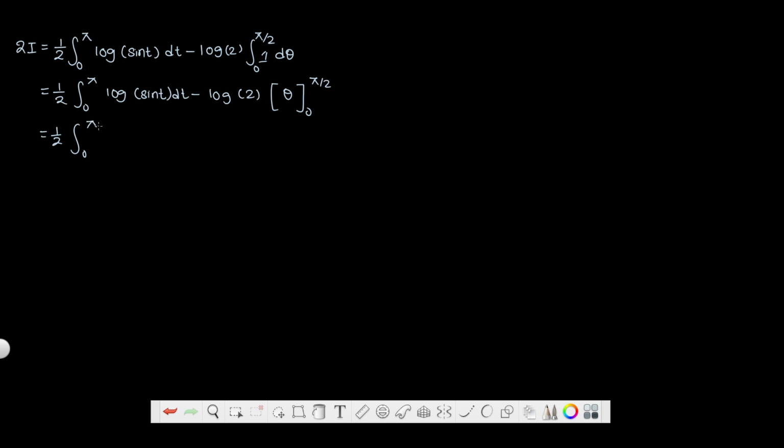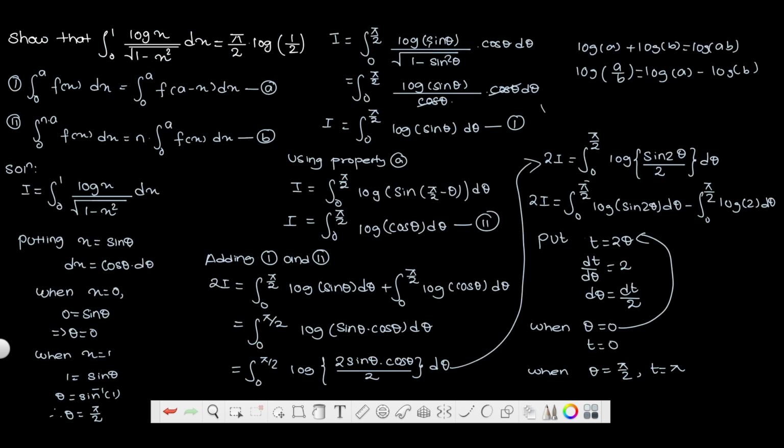So 1/2 integration 0 to pi log sin t dt minus, we will get pi by 2 times log 2 from this part. And now for this part we have to use that rule number b.